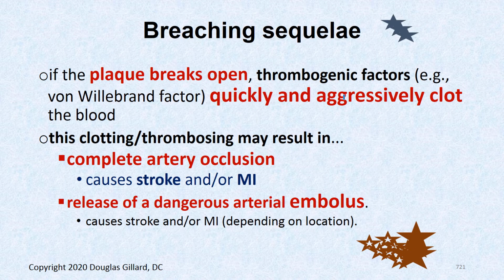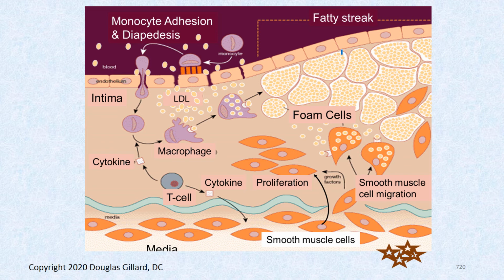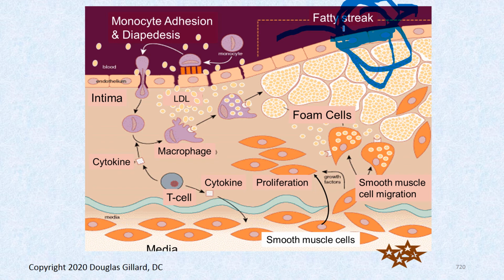Breaching is bad news. So if the plaque breaks open, what does that mean? If it rips, if you erase these guys right here and blood is now gushing down into this, that's really bad. Von Willebrand factor, all sorts of procoagulant molecules, the blood will be exposed to that, and it will instantly clot, and you get a gigantic thrombus formation.